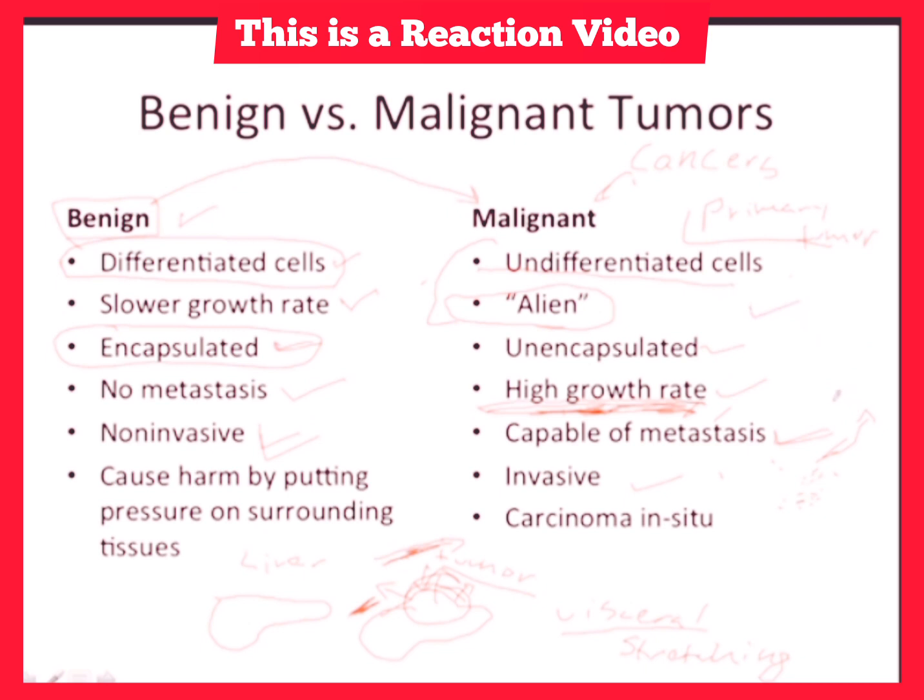Now, wherever these cells are metastasizing, eventually they're going to deposit themselves in other areas. So for example, let's say someone has advanced testicular cancer, you do a chest x-ray and you see all these tumors developing in their chest, you would call these secondary tumors.